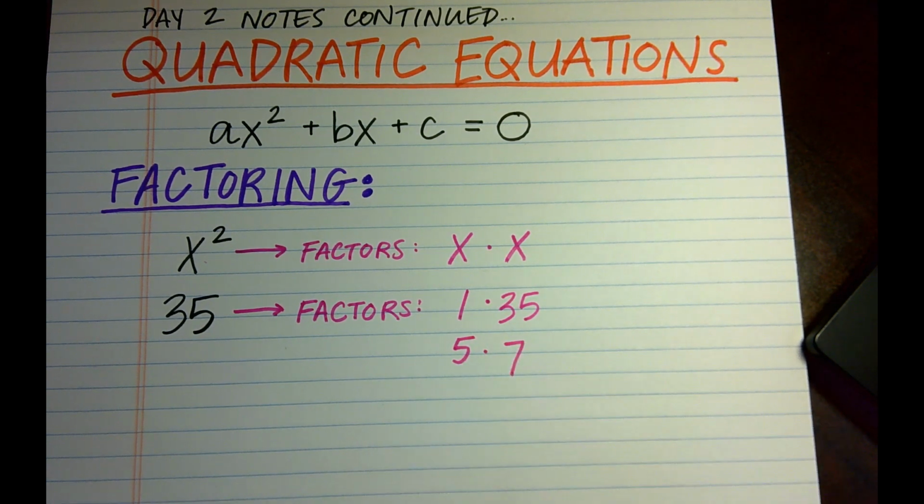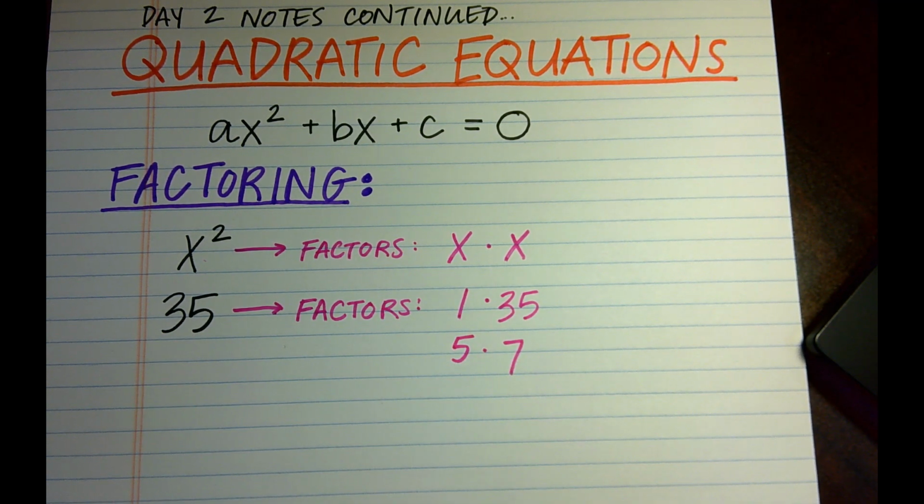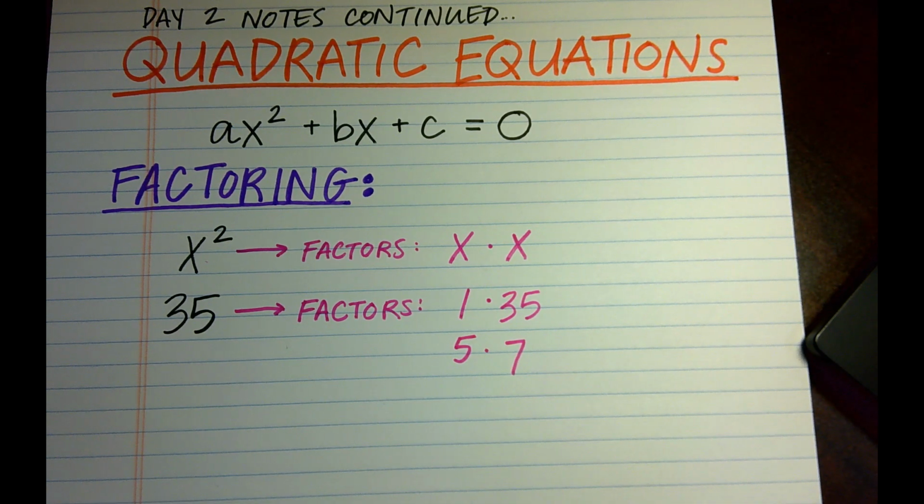And that gives me 7. So 5 times 7 is a factor. Can I do 6? And the next number is 7. So I've already got 7 written down. These are my 2 sets of factors for 35. I could do 1 times 35. I could do 5 times 7.